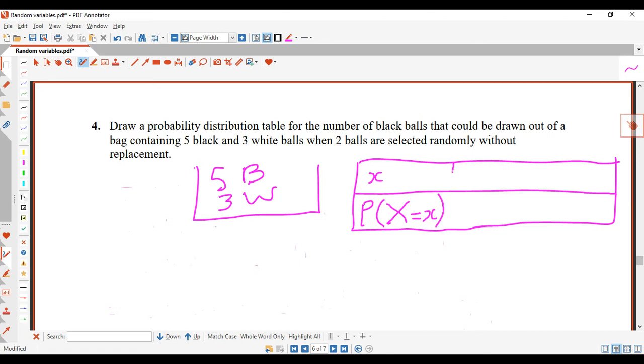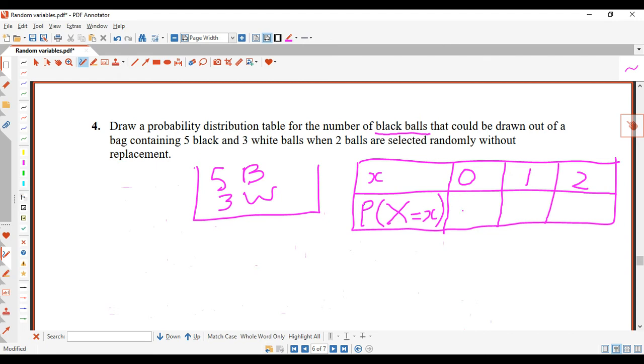Now, what are the possibilities for the number of black balls? Because it's interested in the number of black balls, the random variable is the number of black balls. So I might get 0 black balls on those 2 selections. I might get 1 black ball on the 2 selections. Or I could get 2 black balls from the 2 selections.